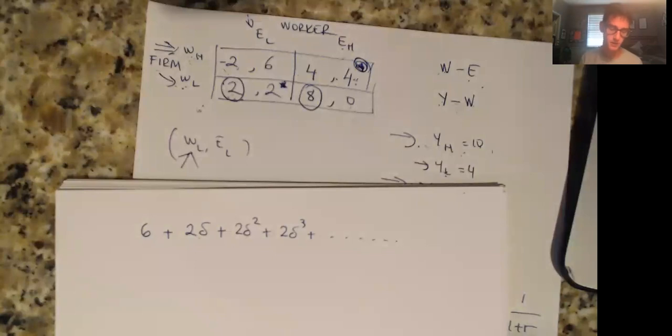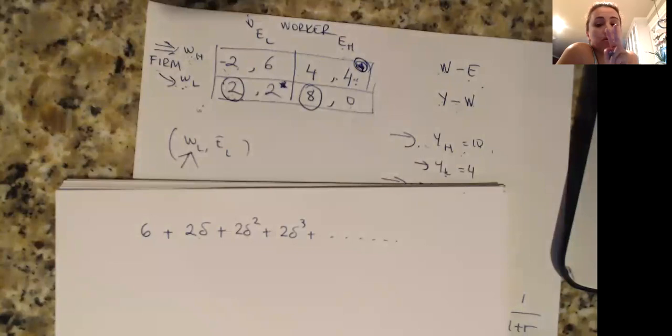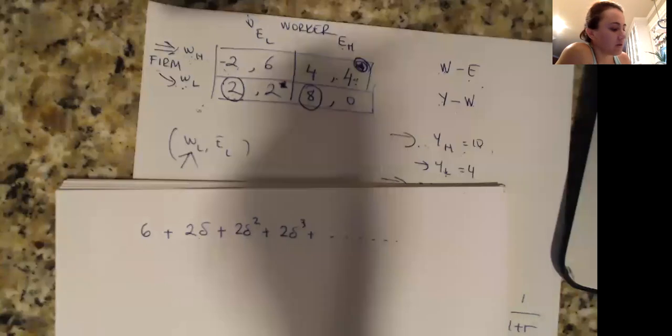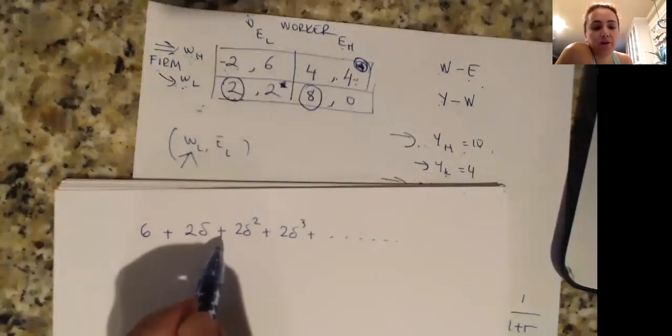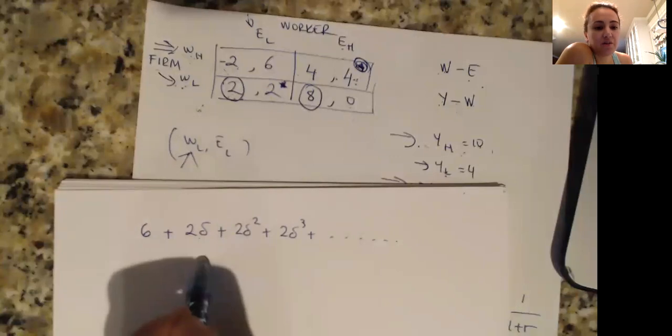So how come that's not what we did? How come instead we just did the 4 plus 4 plus 4? We are comparing 2 different things. 4 plus 4 plus 4 plus 4 is when you stick with the strategy, so you are cooperating forever. Here, we are checking if it makes sense for the worker to cooperate. So we are saying, what if he cheats?